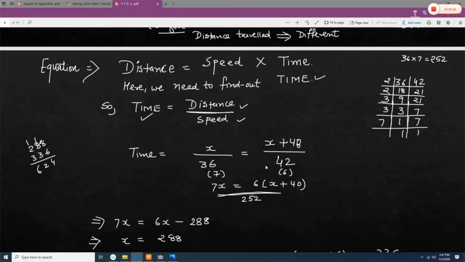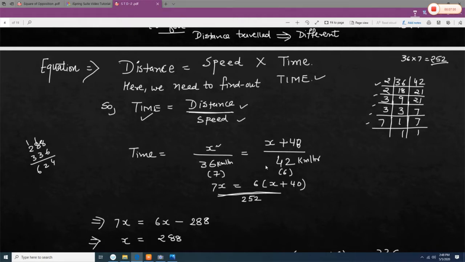So one train is covering x kilometers, and the other train is covering 48 kilometers more than train A, so x plus 48. Now train A is running at 36 kilometers per hour, and train B is running at 42 kilometers per hour. So here I found the LCM, which is 252.